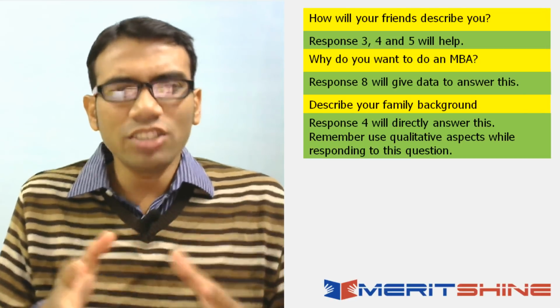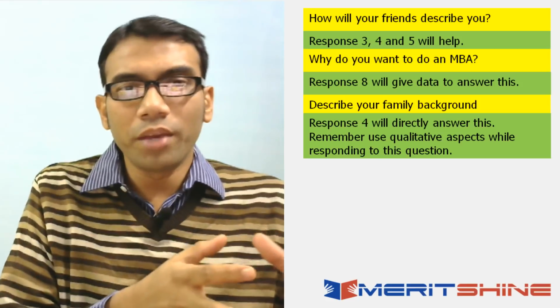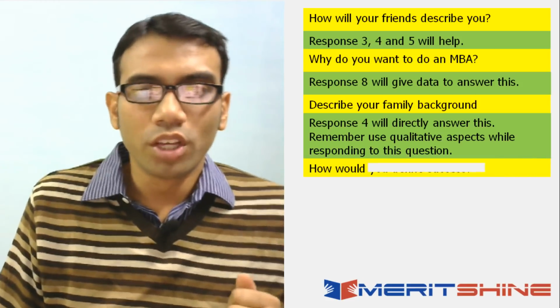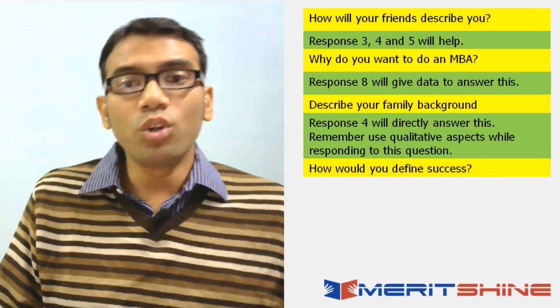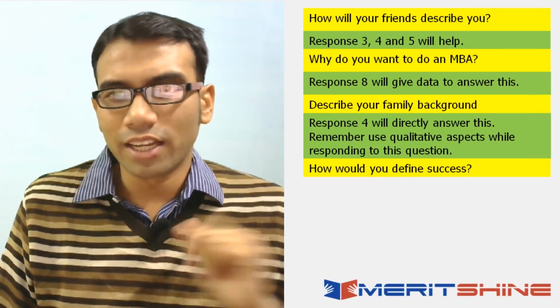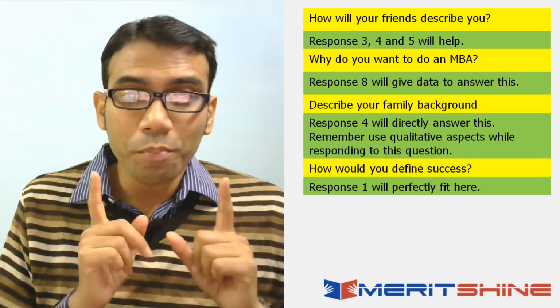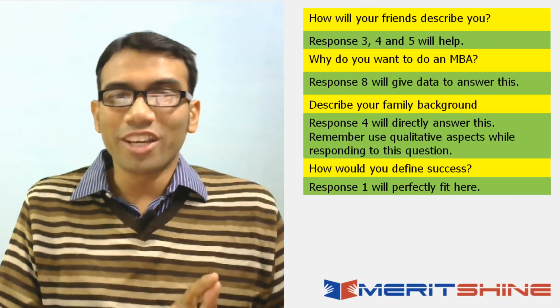That data is of no use. Yes, your father is a teacher and therefore you have learned something from him is something of use, right? Next question: how do you define success? How can CJ answer this question? Let's think. Response 1 will be perfectly fitting here, right?